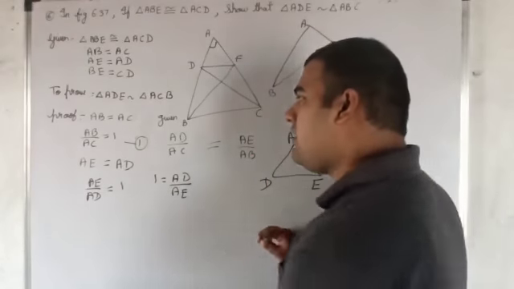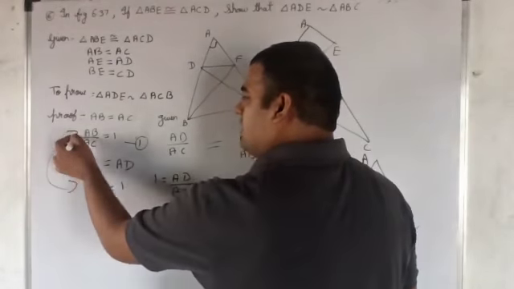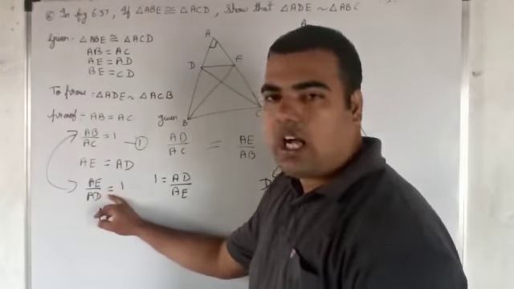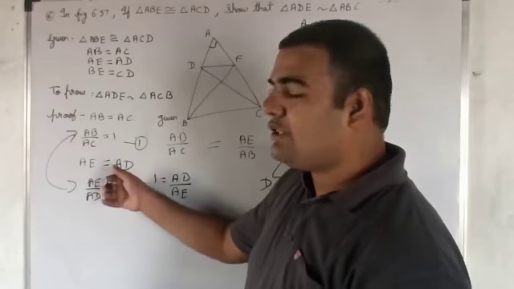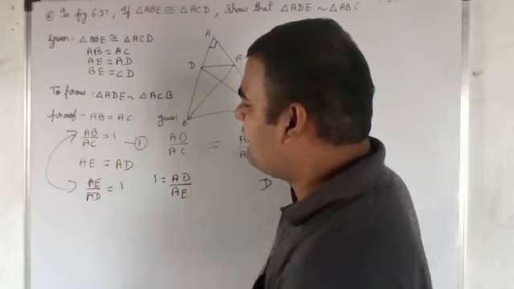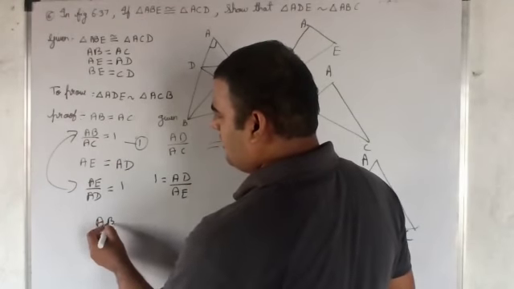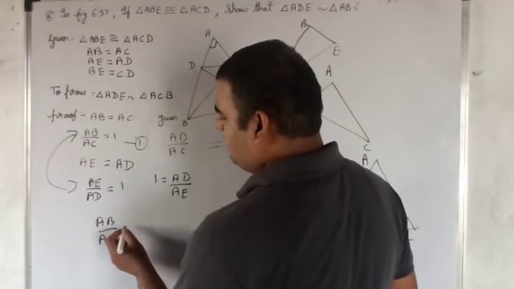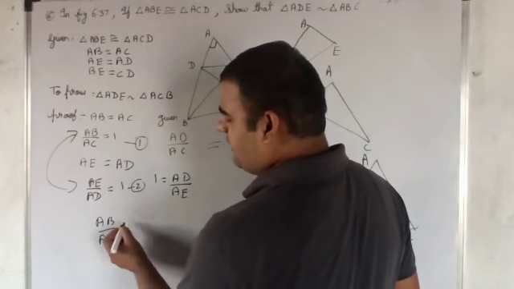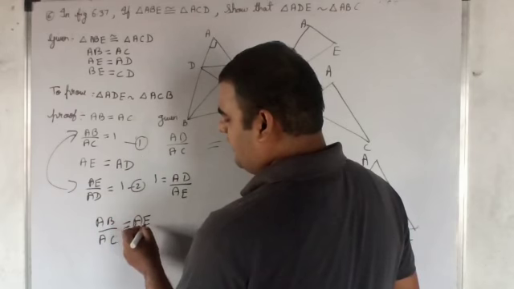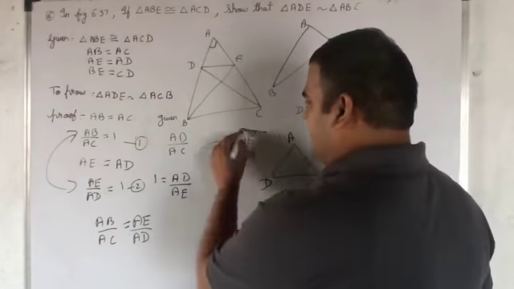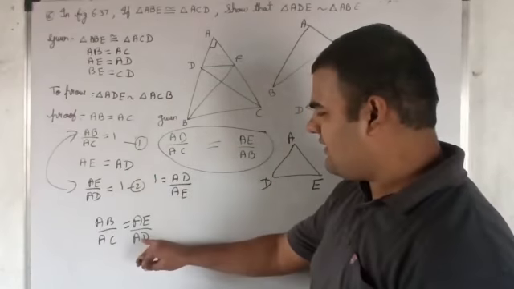Now, things which are equal to the same thing are equal to one another. So, if I say this is equation 2, from equations 1 and 2 you will get AB upon AC equals AE upon AD. Now you want to obtain this to prove similarity, so you can send AD to that side.